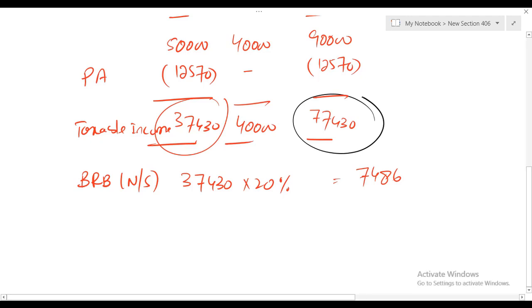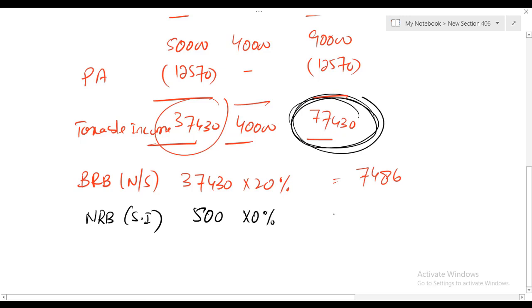You decide by looking at this amount, which I circled two or three times. Whoever is a high rate taxpayer will get a nil rate band of 500. So I'm going to write nil rate band, saving income 500 into 0 is obviously 0.